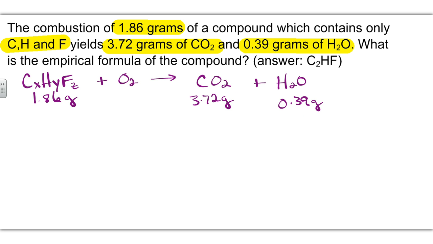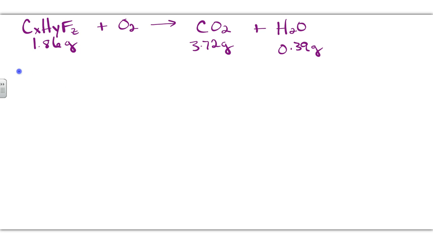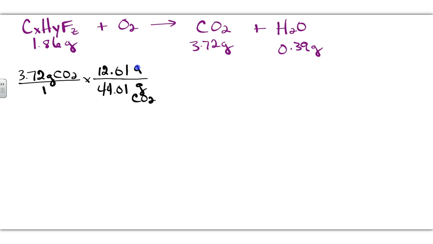I'll start with my carbon dioxide, 3.72 grams of CO2 all over 1. Now we'll bring down grams of CO2 and do the fraction by mass. 44.01 is the molar mass of CO2, and we have 12.01 grams of carbon within the compound. This gives me 1.01 grams of carbon.